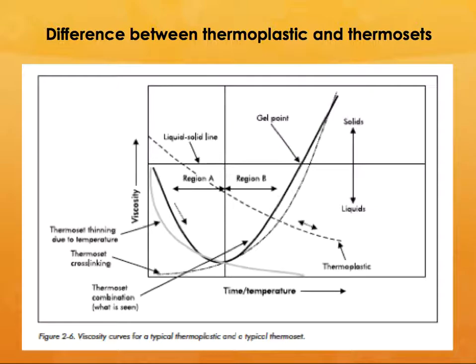Suppose you have a thermoset material, you cannot recycle that material, because once you have cured and set the reaction in place, it cannot be reheated, melted, and reused again. Whereas in the case of thermoplastic type of materials, you can melt it and reuse it again.